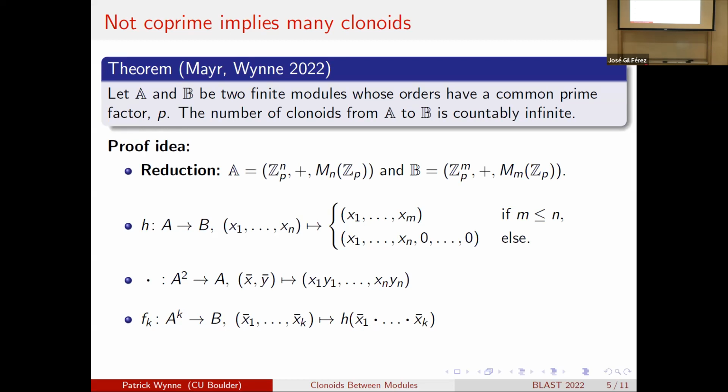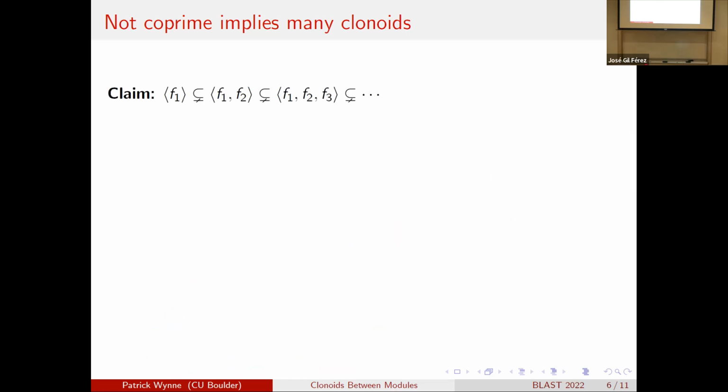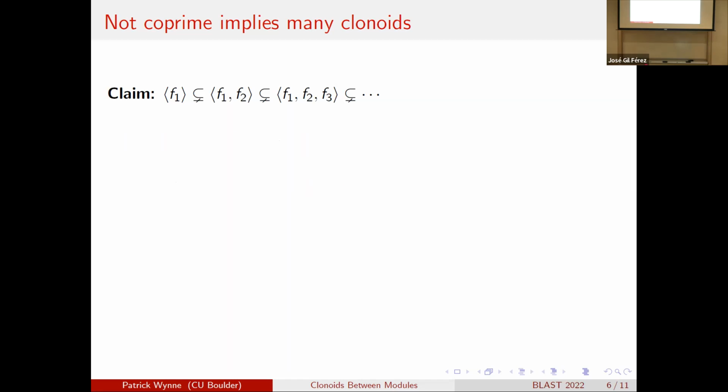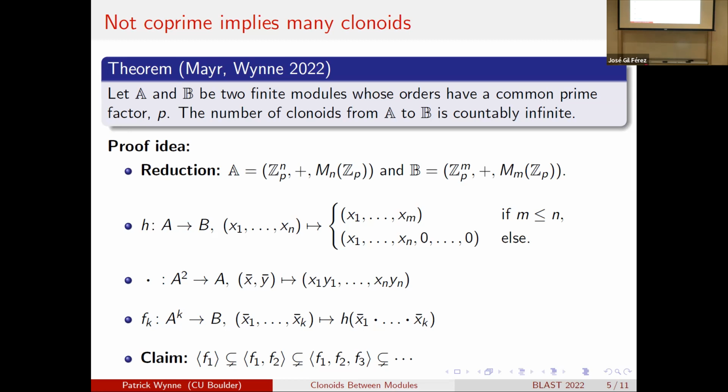Now I claim that these f1, f2, f3, etc. form an increasing chain of clonoids. The way to see this is that f_k is zero absorbing, meaning that whenever one of the x's is zero, the output is zero. Going back to the definition, this is pretty clear because it's defined by the multiplication in the integers mod p. If we have the zero tuple as one of our inputs, then the whole product will be zero.